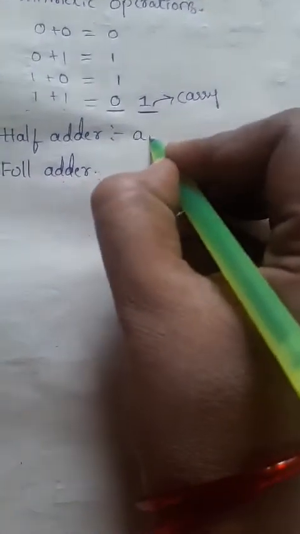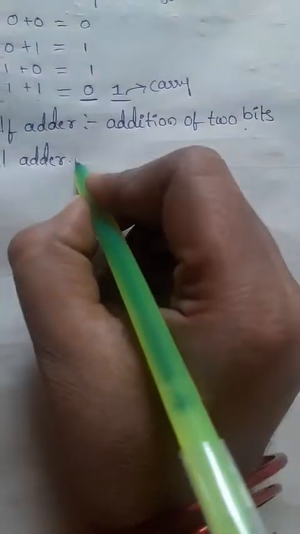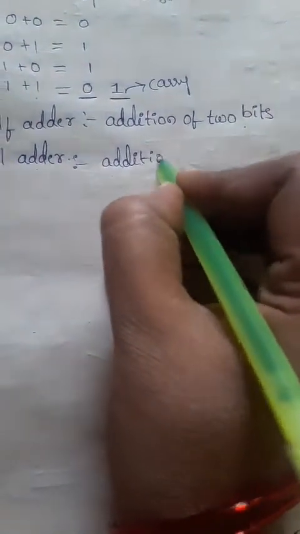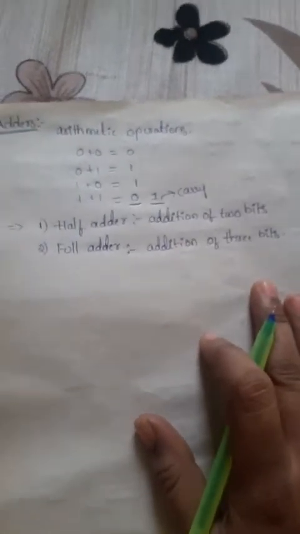So half adder is the addition of 2 bits, and full adder is the addition of 3 bits.